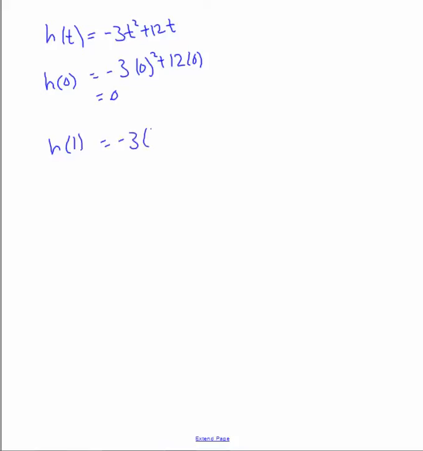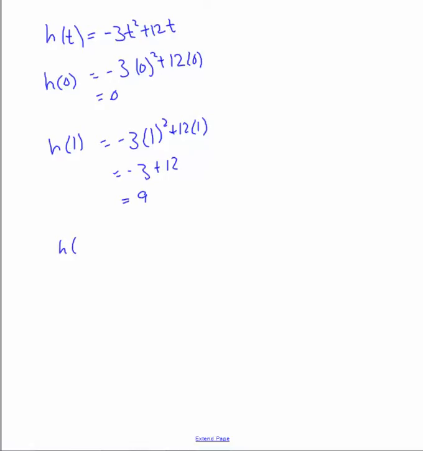Put in 1 everywhere you see t. 1 squared is 1. -3 times 1 is -3. 12 times 1 is 12. So the height is then 9.